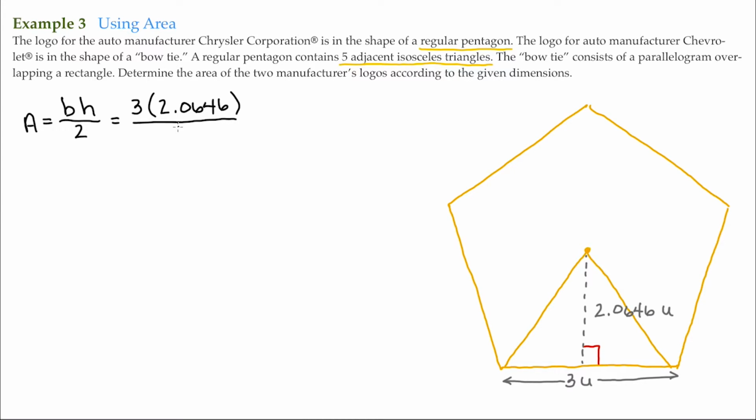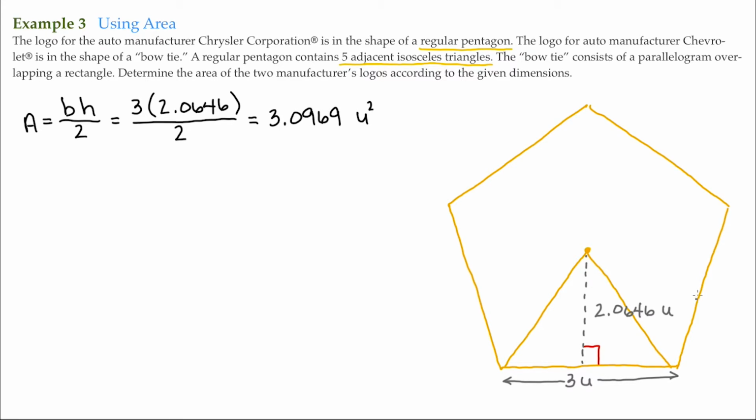And then we divide that by 2. So that comes out to be 3.0969. And I'm going to put it as square units. You have to put the square up there to show that you're talking about area. So the area of this triangle right here is 3.0969 square units.